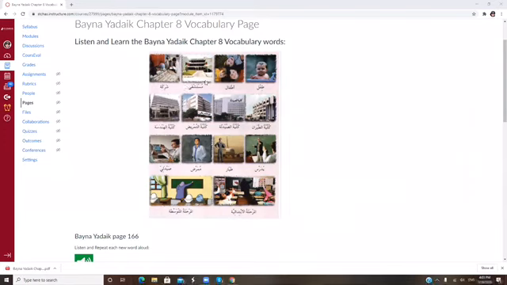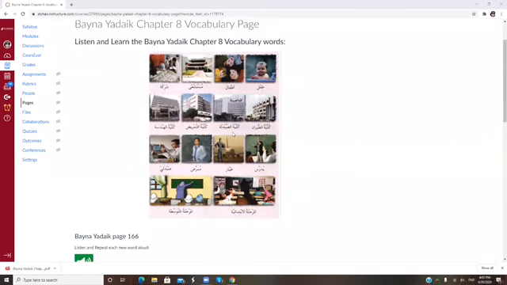Mustashfa is hospital. Sharika, company. Kulliyat at-Tayran is the College of Aviation.